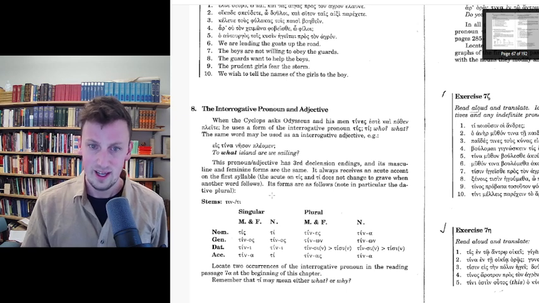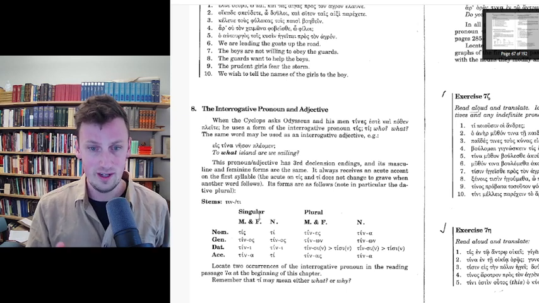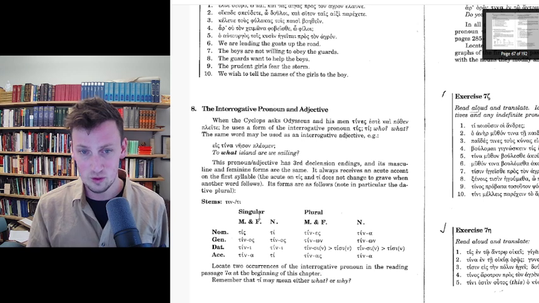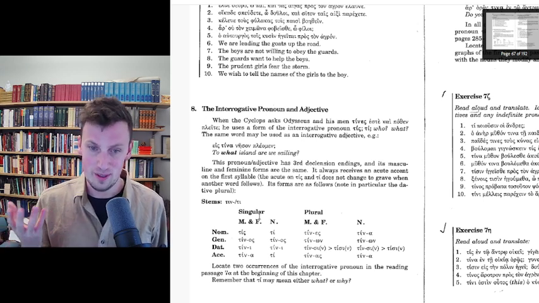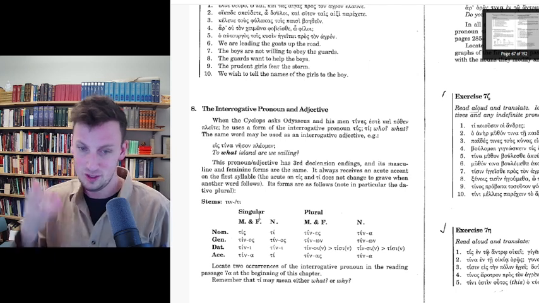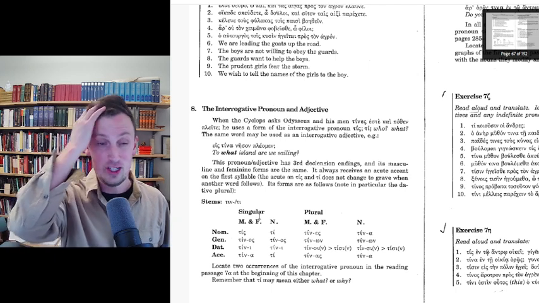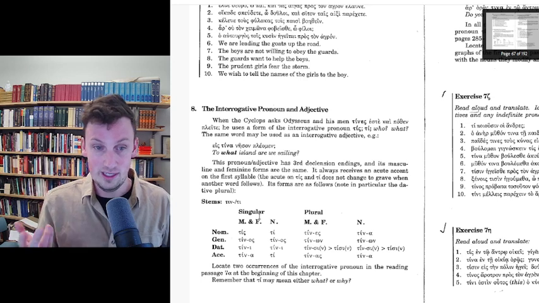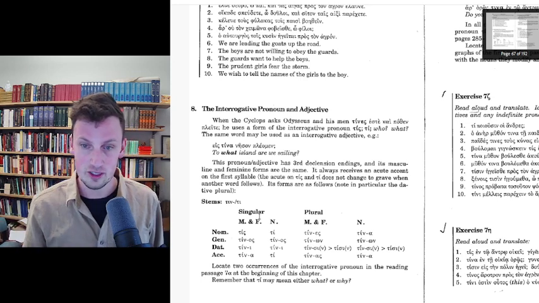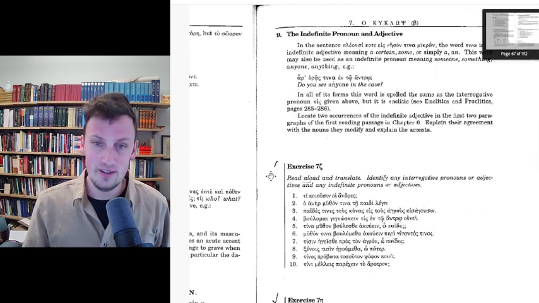This word tis. And you've encountered similar looking words, right? You've encountered tis to mean who, just the question word, which is basically this. Although this is going to be a pronoun, so you can use it in other cases. To whom should we give this package? Right, that's just one word in Greek, tini, right? To whom, I suppose we'd say in English. That's the interrogative.